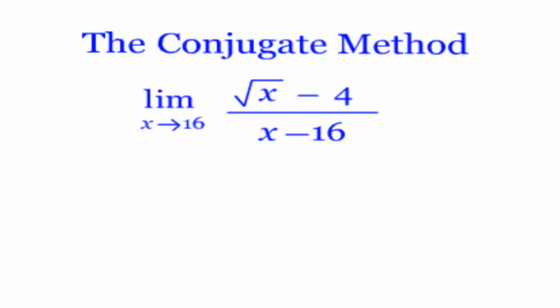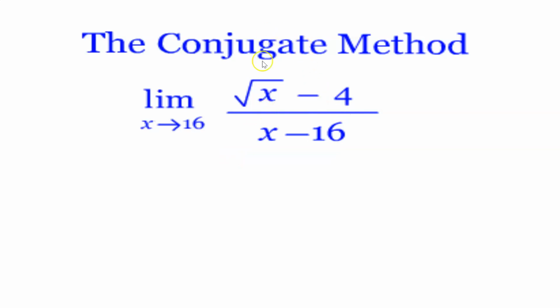This one is the third method, which is the conjugate method. Conjugate, we're going to see what it means. So let's say you have this function, the square root of x minus 4 divided by x minus 16, as x approaches 16.